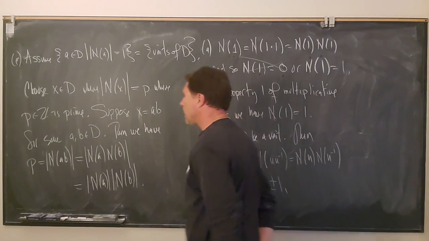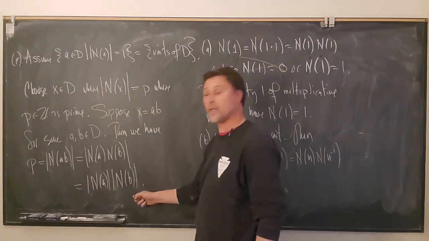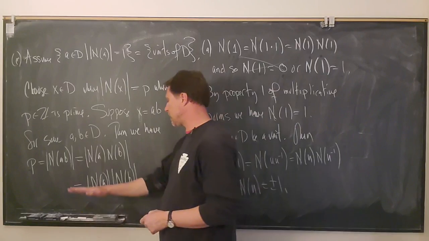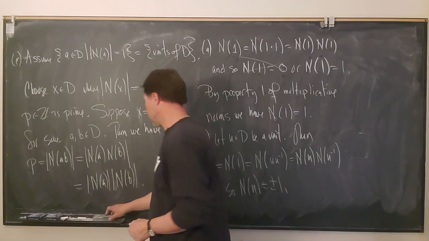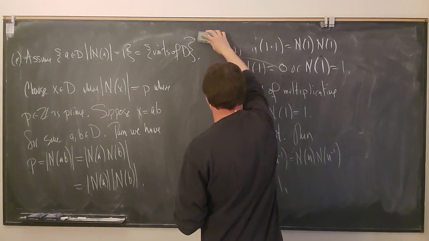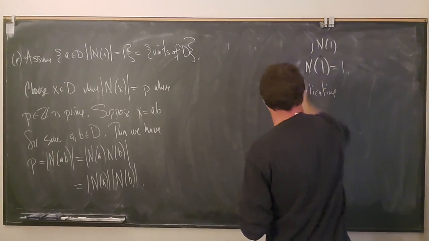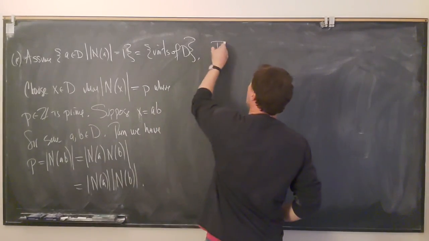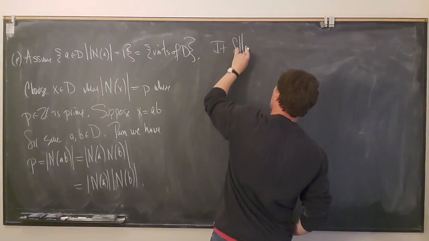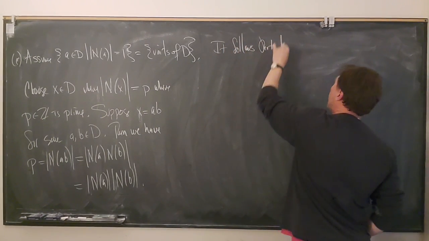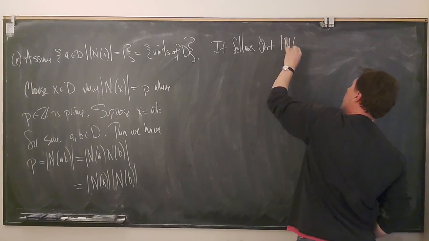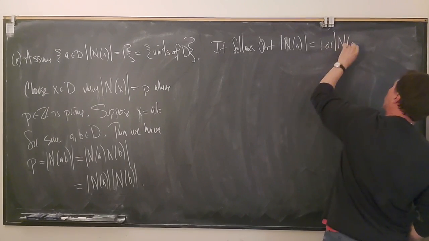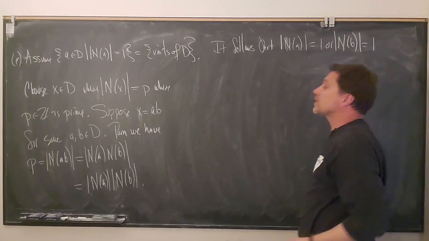So now what do we have? We have P written as a product of these two right here. Well, what are the possible factors? One of these has to be the number 1, where the other one has to be P. So it follows that the absolute value of the norm of A equals 1, or the absolute value of the norm of B equals 1. And so what did we say up here?